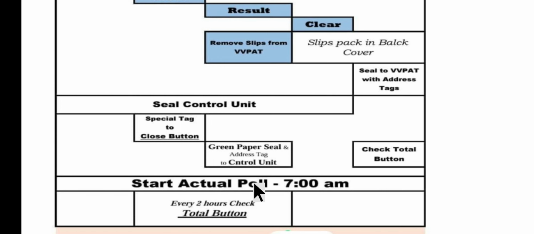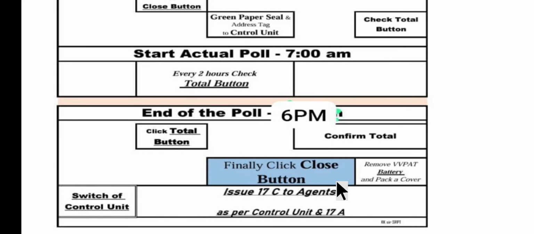Then followed by checking the total button. Then we will be starting the actual polling process at 7 a.m. So we, as an APO, he or she has to submit the 2-hour percentage completion by checking the total button, clicking the total button every 2 hours.